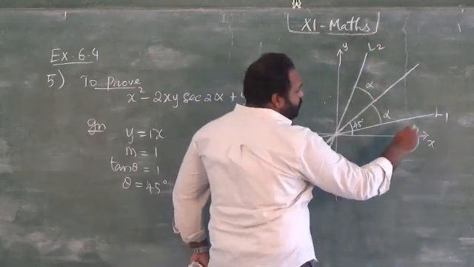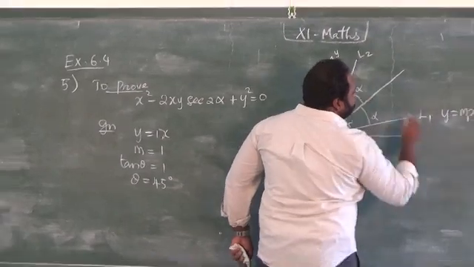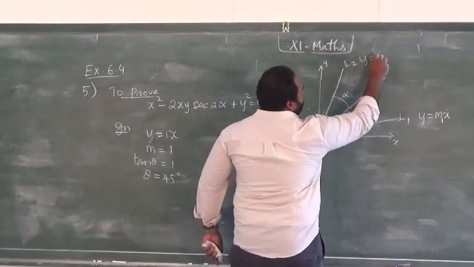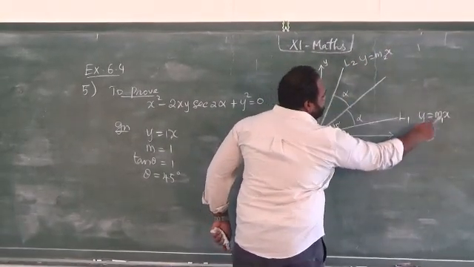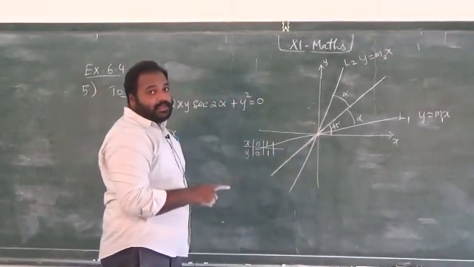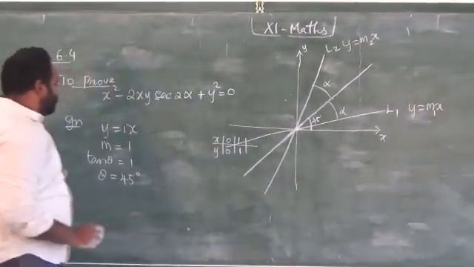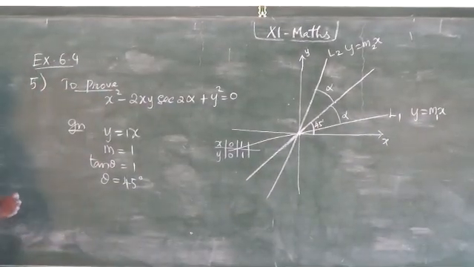So these equations I am going to consider: y is equal to m1x, and y is equal to m2x, because there is no c, since it is passing through the origin, there will not be a constant, so only x term and y term. Okay, now first I am going to find out the combined equation.